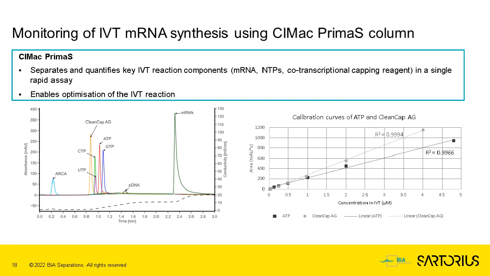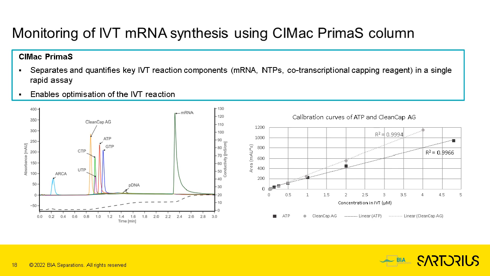I should also stress that the time axis here, in case this is showing small on your screen, is 3 minutes. So within 3 minutes, we've read out the concentration of RNA and the concentration of nucleotides. The whole method is then an additional few minutes long to re-equilibrate the column and get it ready for the new cycle.